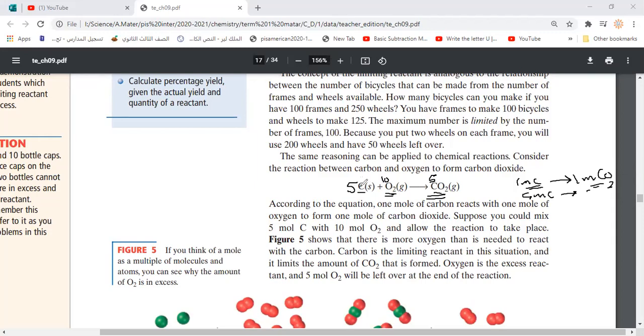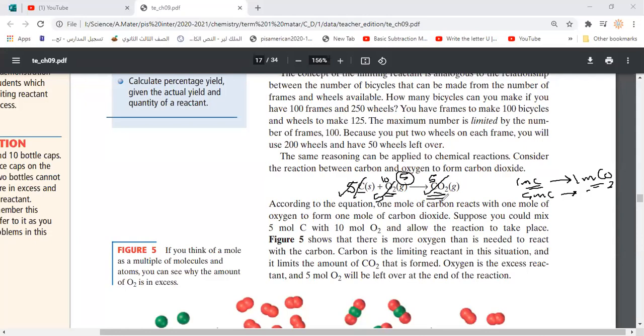I used all of it, which means the 5 moles of carbon react with just 5 moles of oxygen, and they produce 5 moles of carbon dioxide, which means I still have 5 moles of oxygen that don't react. So like this, the limiting reactant is the carbon, because it limits the amount of oxygen that reacts, and it limits the amount of carbon dioxide that is produced.